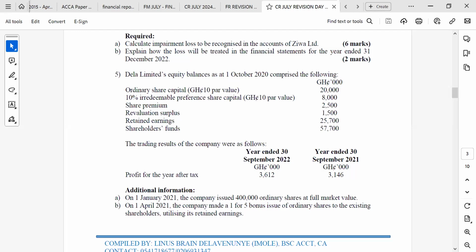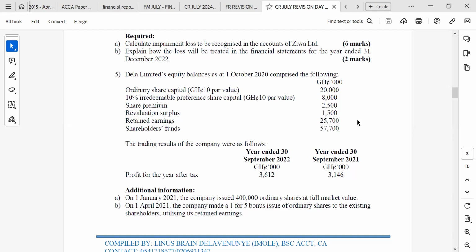Question 5. The LAR Limited's equity balances as at 1st October 2020 comprise the following, amount in 1,000 Ghana cedis. Ordinary share capital, 10 cedis par value, 20,000. 10% irredeemable preference share capital, 10 cedis par value, 8,000.